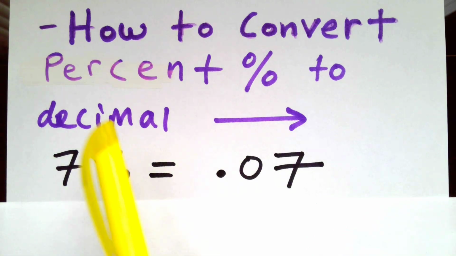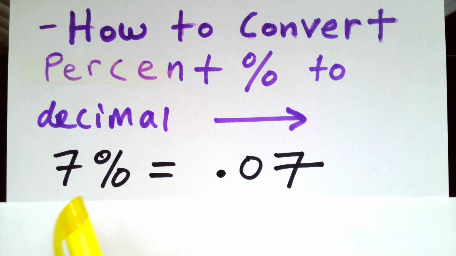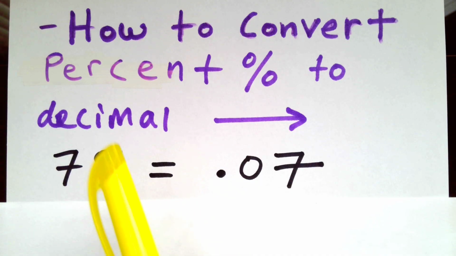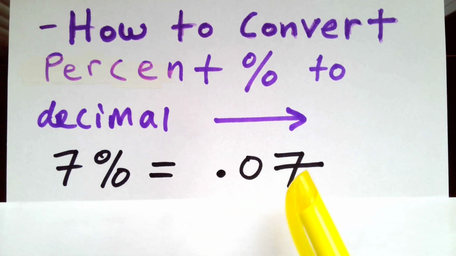So in order to determine what value 7% represents in the cost of the pair of socks that was $8.73, we need to convert this tax percentage into a decimal. I'm showing you 7% equals 0.07, or 7 hundredths. You can say this as 7 hundredths. 0.07 is just as good.